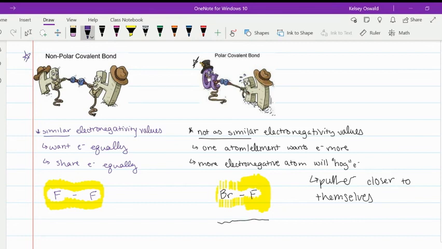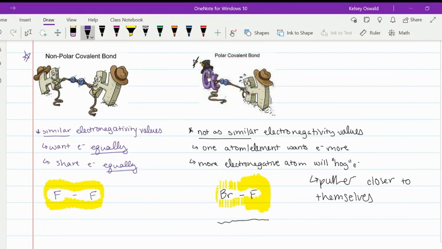So these guys are nice. They both want the electrons equally, so they're going to share equally. Those electrons are going to spend an equal amount of time around both atoms. So if we have two fluorine atoms, they're the same element, they want that electron equally, our electrons are going to divide their time equally amongst those two, okay?